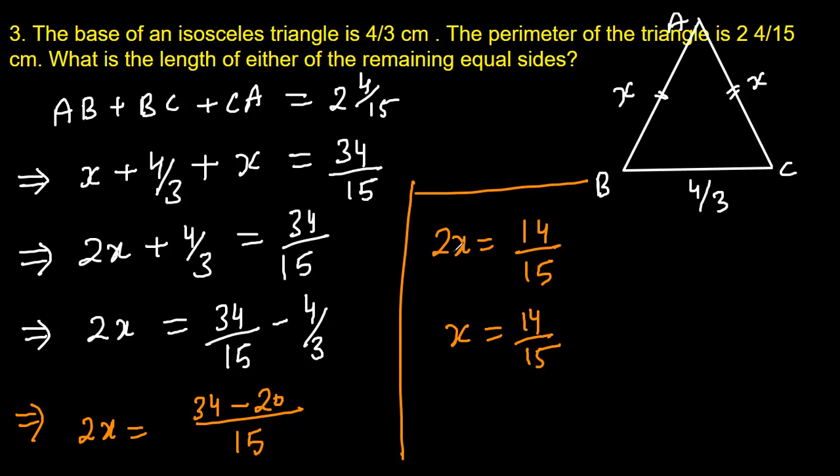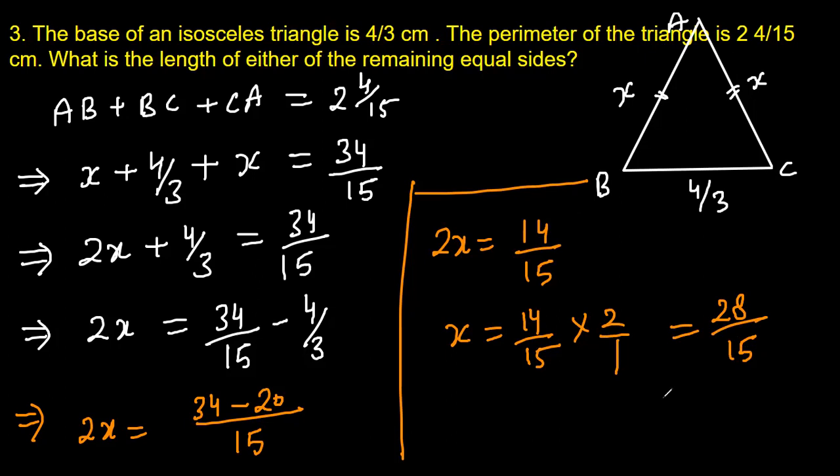Since 2 is multiplied on the left hand side, if it is taken to the right hand side, it will be divided by 2. And we know that division by 2 is the same as multiplying by the reciprocal of 2. So we write it like this. X is 14 by 30, which is 7 by 15.